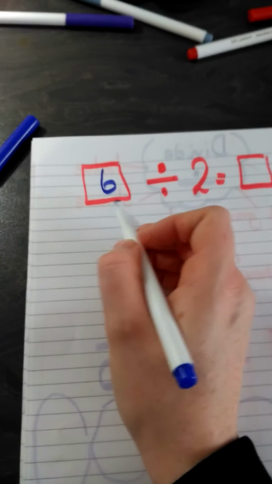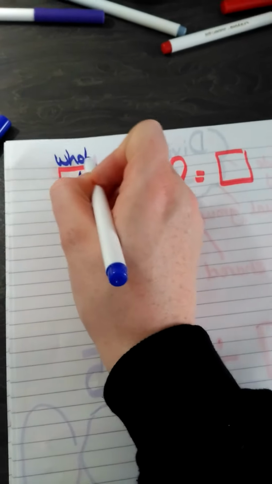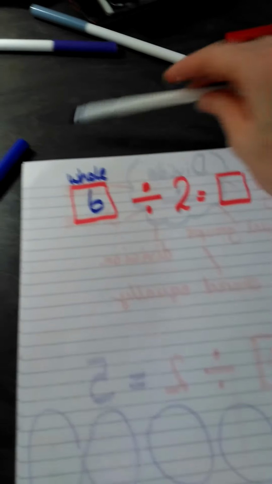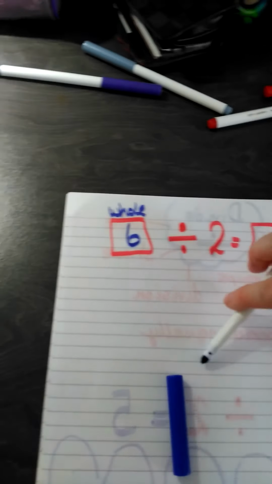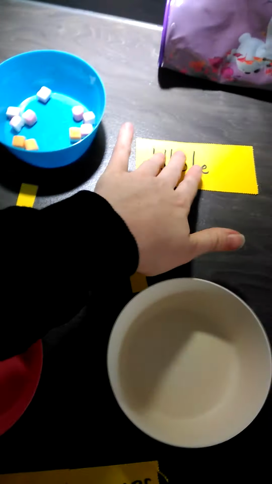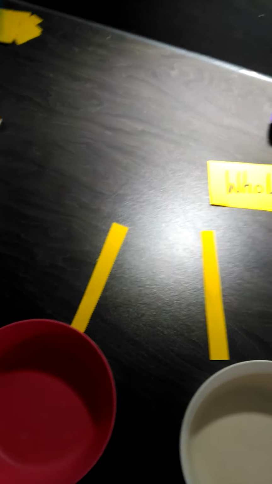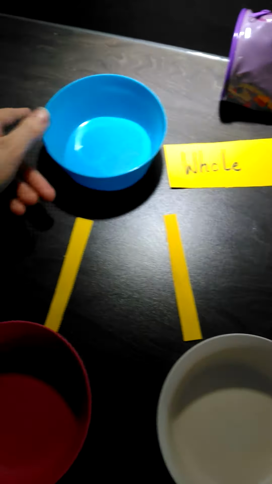My whole number is 6, and I want to see how many times 2 goes into 6. I could go back to my little model here. I'm going to make sure I've got 6. What could I use this time? I did have stones, but Alfie pinched them. Have I got anything here I could use?